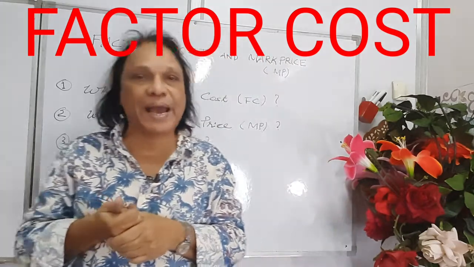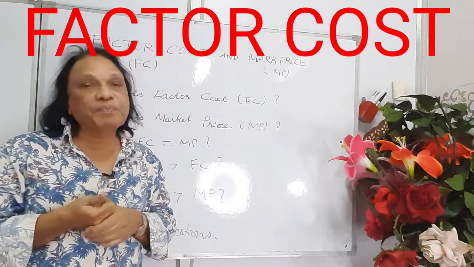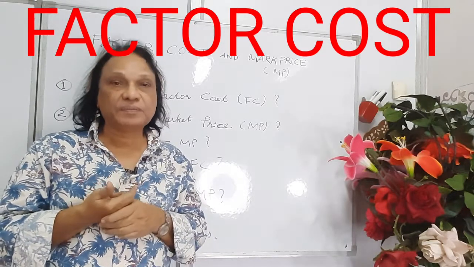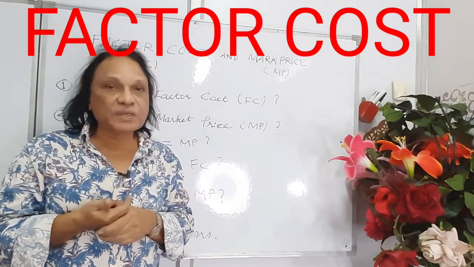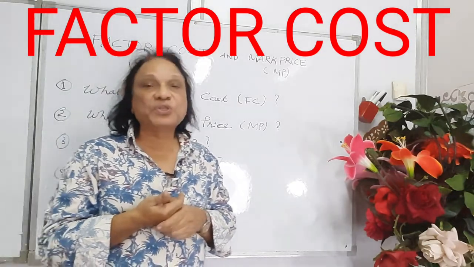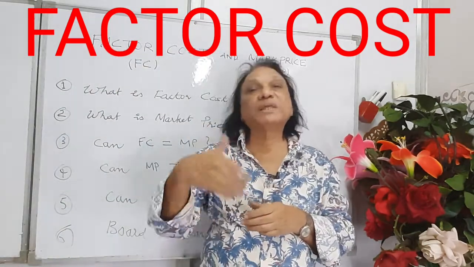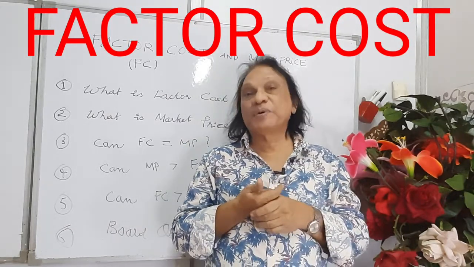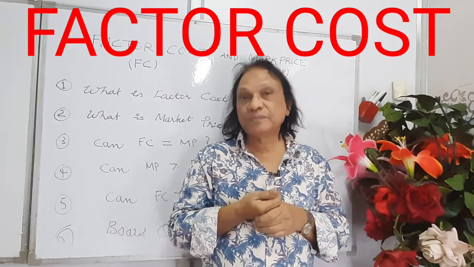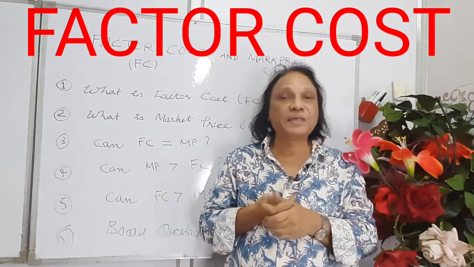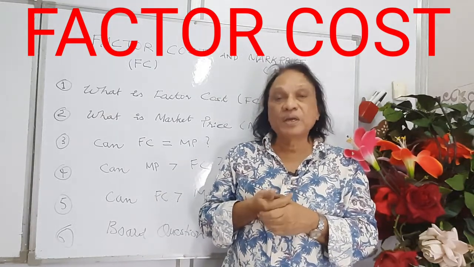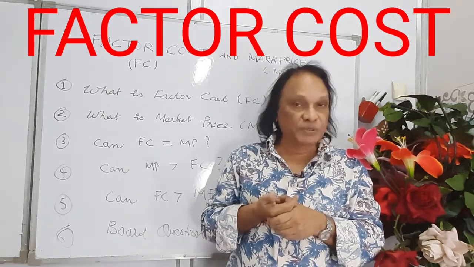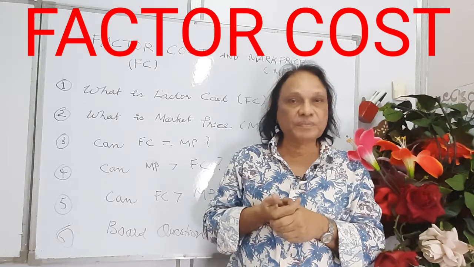We call them factor payments or factor receipts or factor incomes. The firm has to pay rent to land, wages and salaries to labor, interest to the capital, and the entrepreneur gets profits.